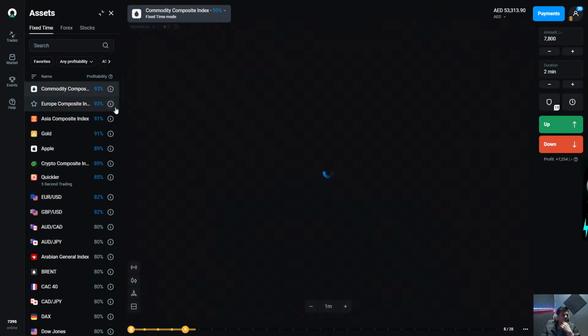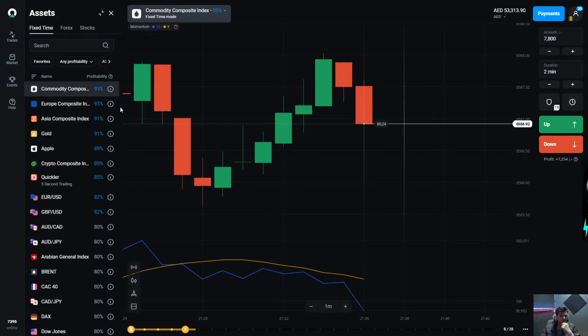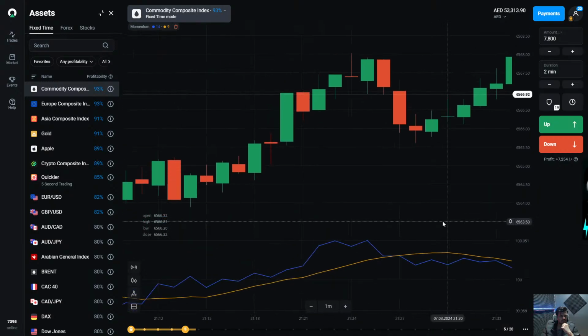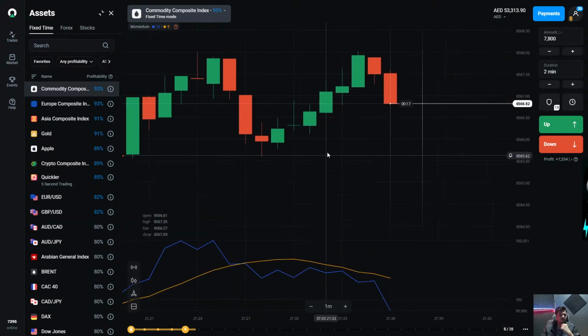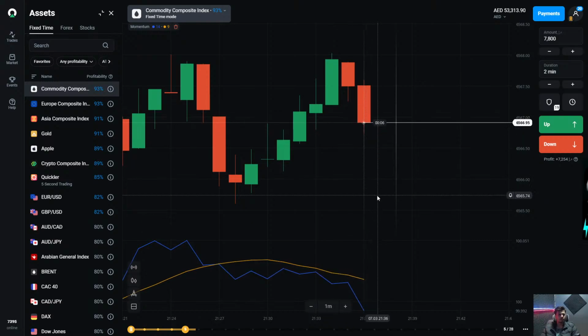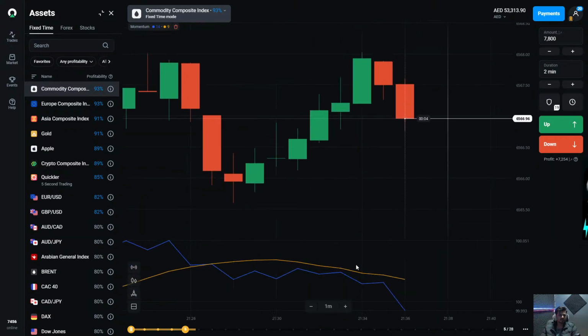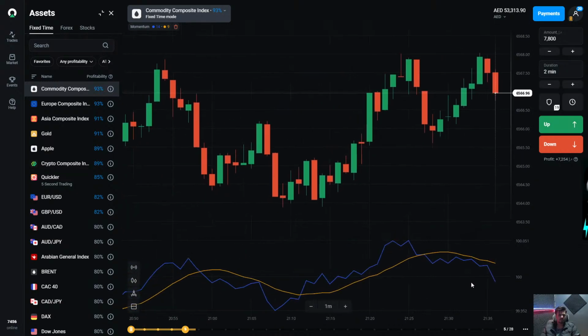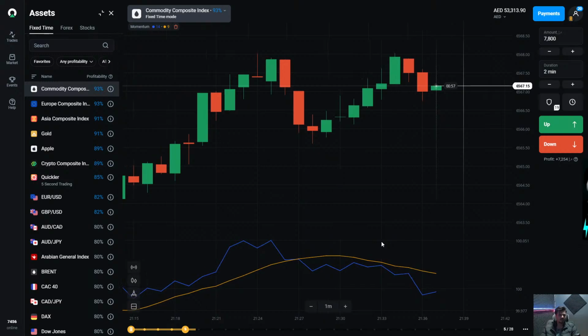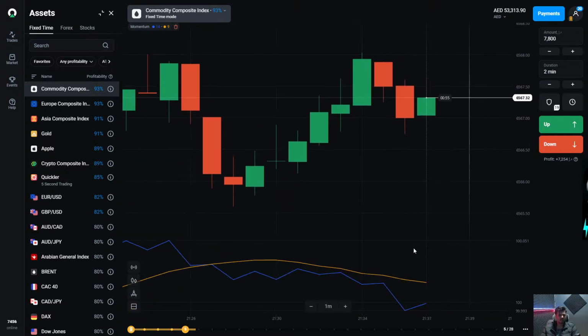What about the commodity composite index? Commodity composite index is just moving in the downward direction. So what do you think, guys? In the next 2 minutes, will it just move downward or upward? Let's wait for the 7, 8. Zero, and see, here it's trying again to come back in the upward direction.